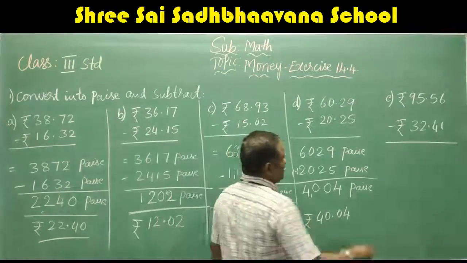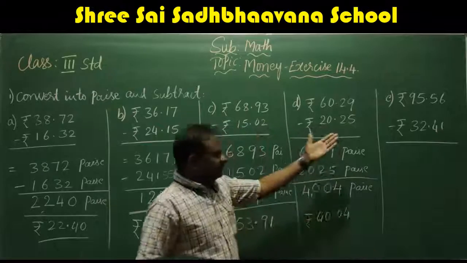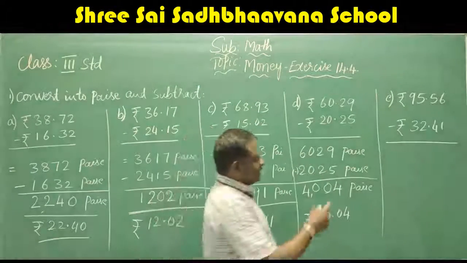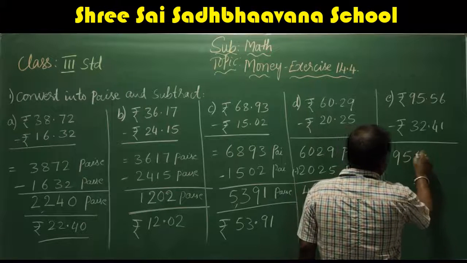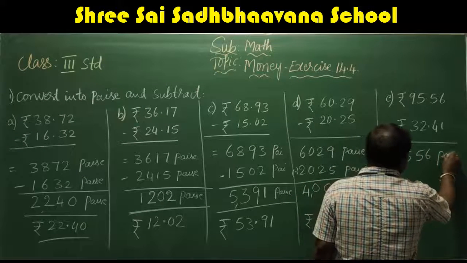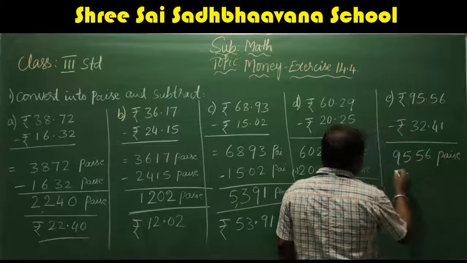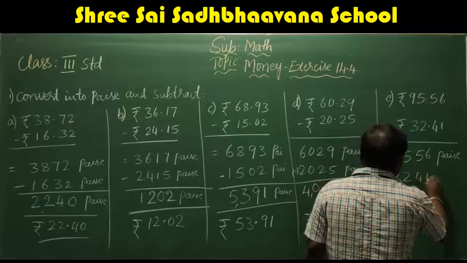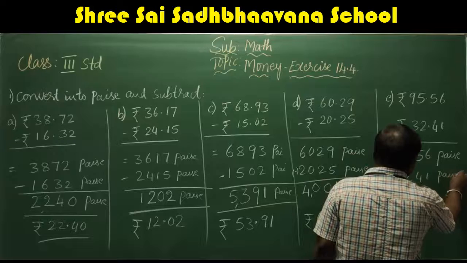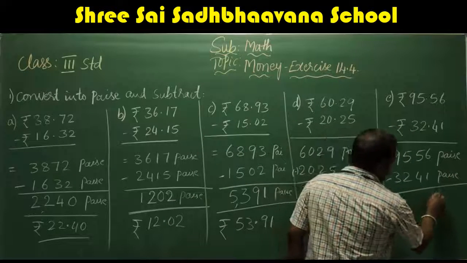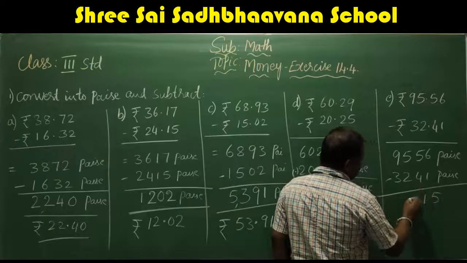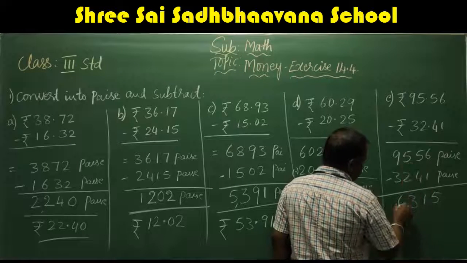Come to here. Rupees 95.56 can be written as 9556 paise. This can be written as 3241 paise. Subtract. 6 minus 1, 5. 5 minus 4, 1. 5 minus 2, 3. 9 minus 3, 6.